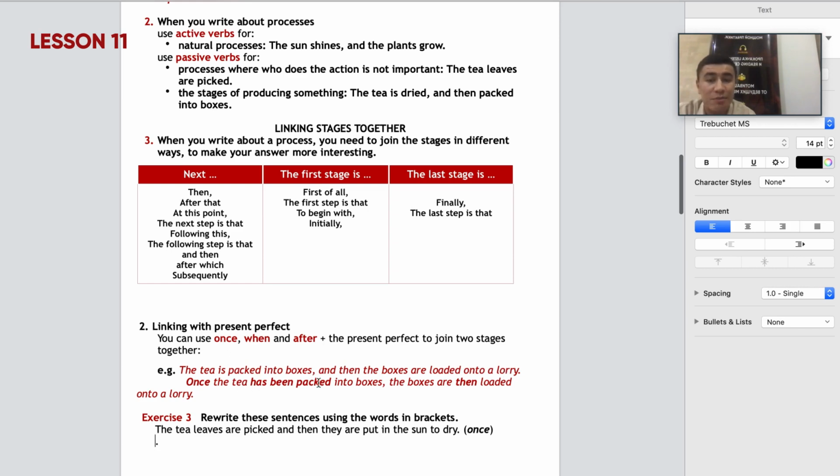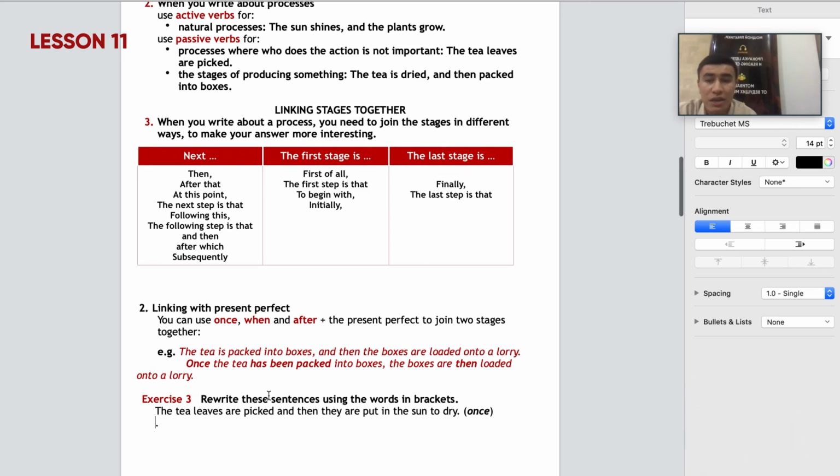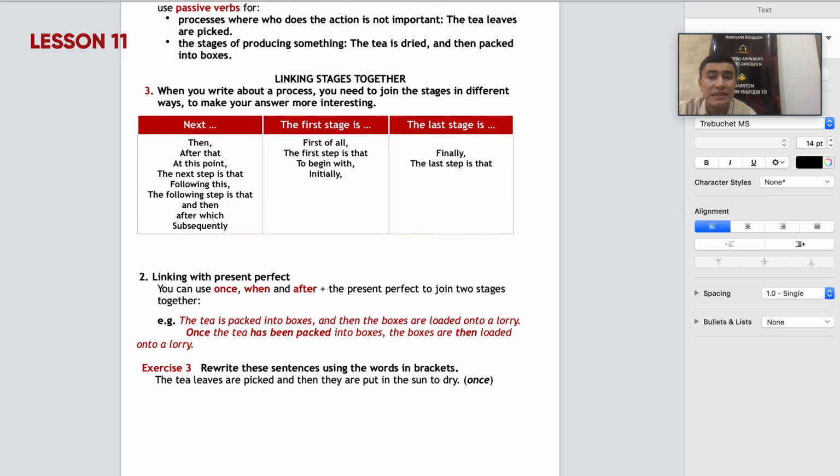Once the tea has been packed into boxes, the boxes are then loaded onto a lorry. Here you have an exercise where you should rewrite these sentences using the words in brackets. The tea leaves are picked and then they are put in the sun to dry. You should use once and present perfect, of course, to rewrite this sentence. Let's do it together.